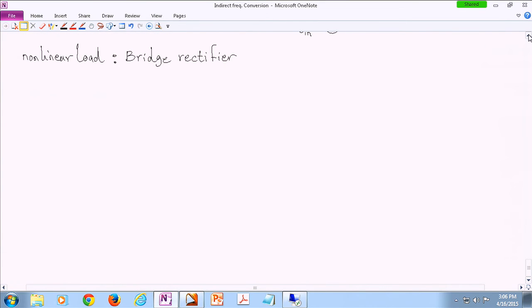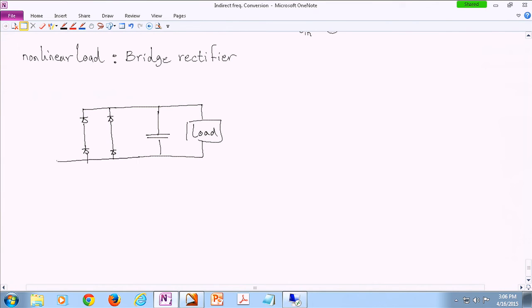So remember from power electronics or industrial electronics or whatever, let's say you have a load that consumes DC power, and then you use a bridge of diodes to hook this load up to your AC source of power.